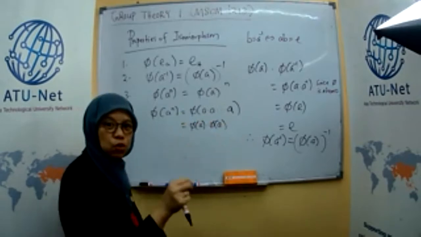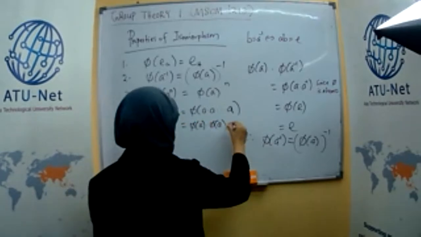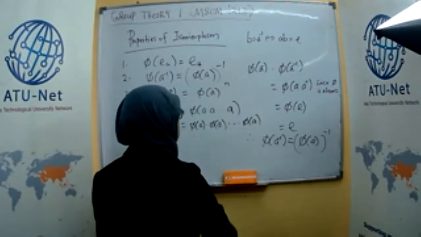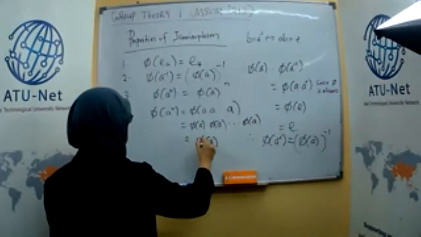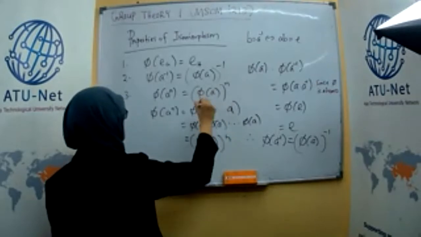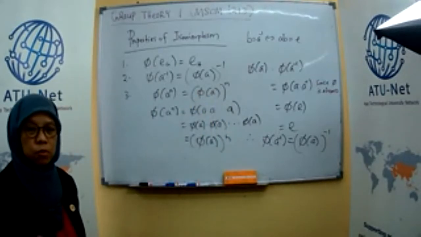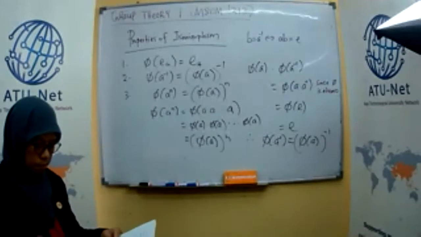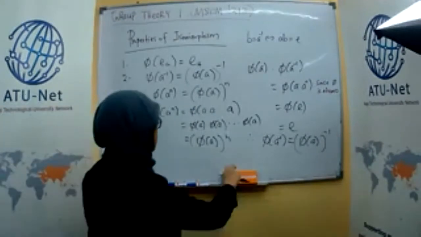You have to do two by two, and then two again and then two again until n times. So this is this to the n directly by homomorphism.